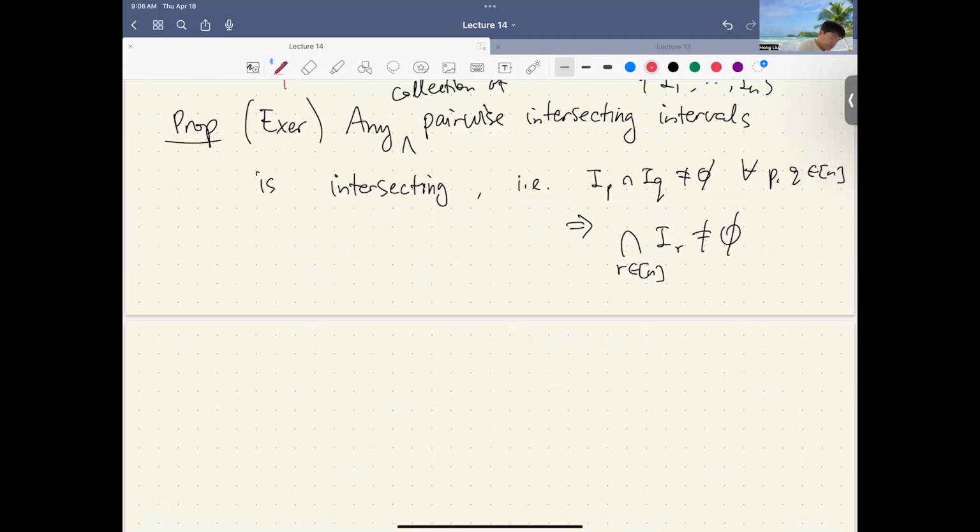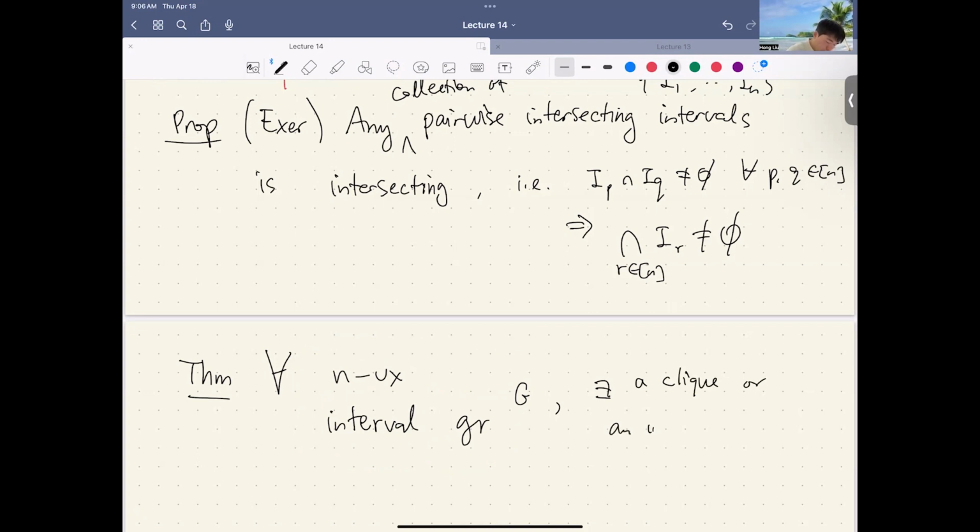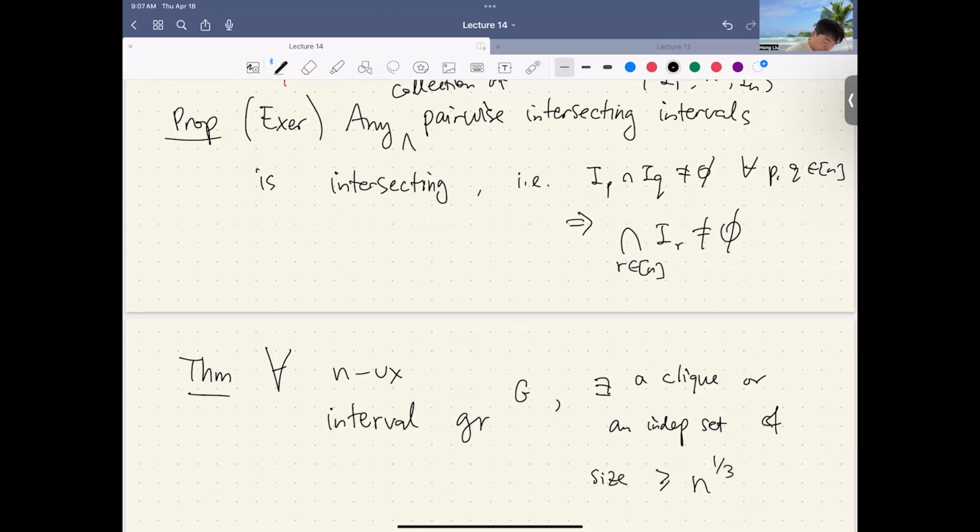So theorem: for any intersection graph of intervals, which has this special name, interval graph, let's say on n vertices, for any n vertex interval graph G, there exists a clique or an independent set of size at least n to the 1/3.